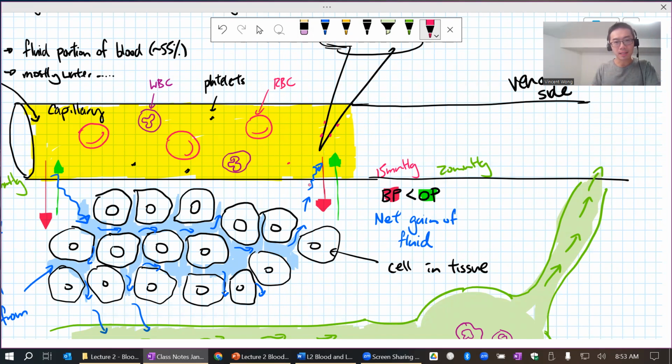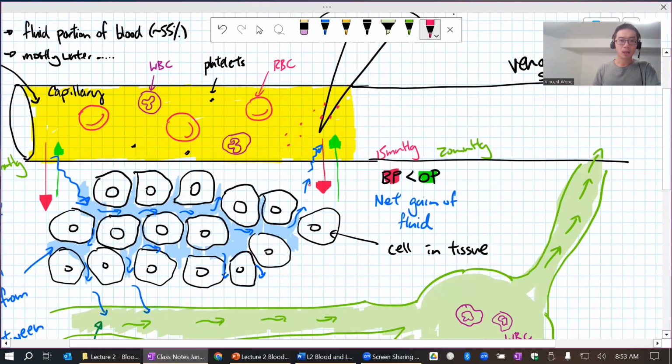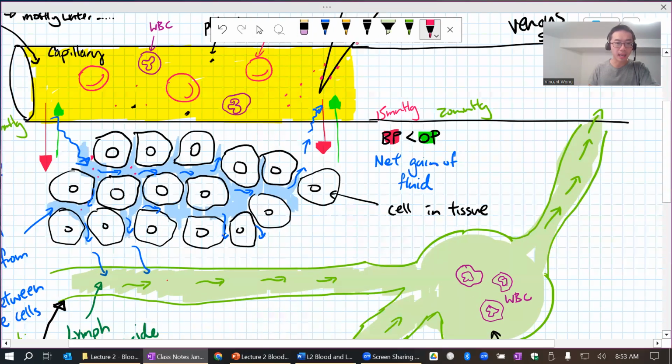So what happens is there are these bacterial products that are in your body now, which may come out in the interstitial fluid as well. Or it doesn't have to be in the blood, right? You could just have the injury directly in the tissue, and then you will have these bacterial products in the interstitial fluid, which would then get carried through the lymph to your lymph node, right?